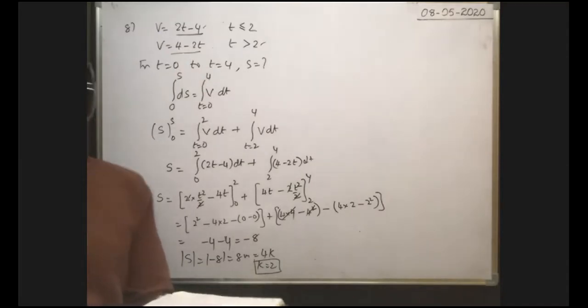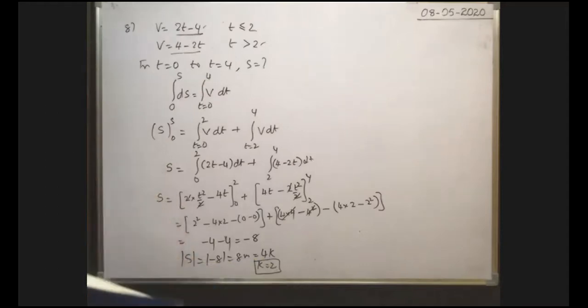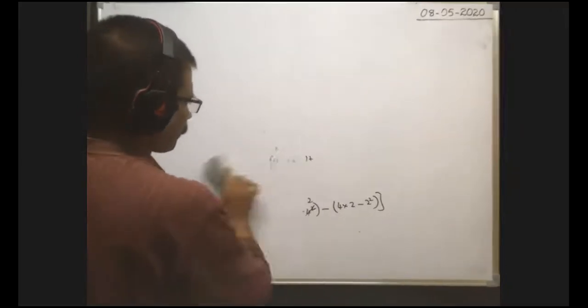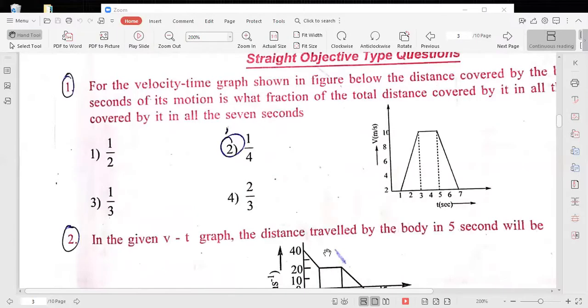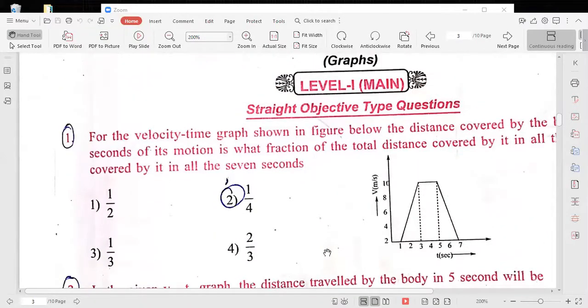Next, graphs. You see the problem. In exercise 3, level 1, a graph is there.